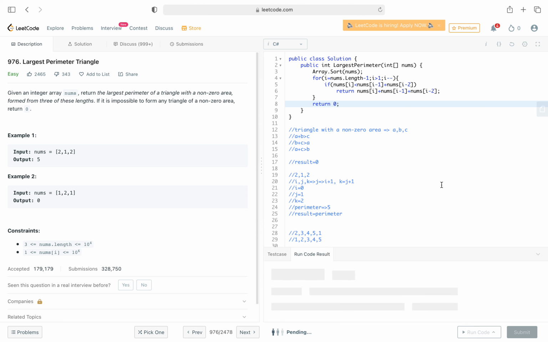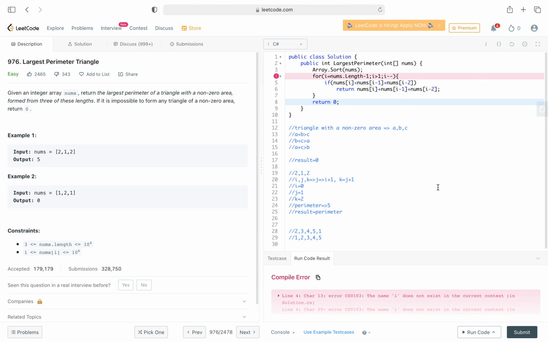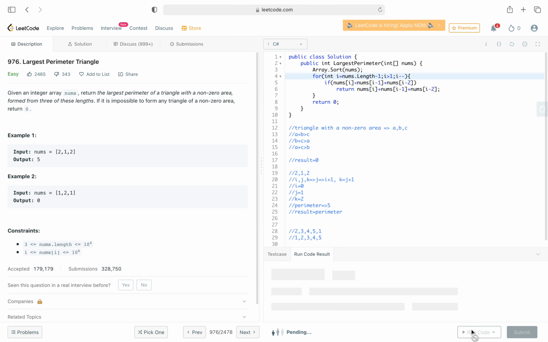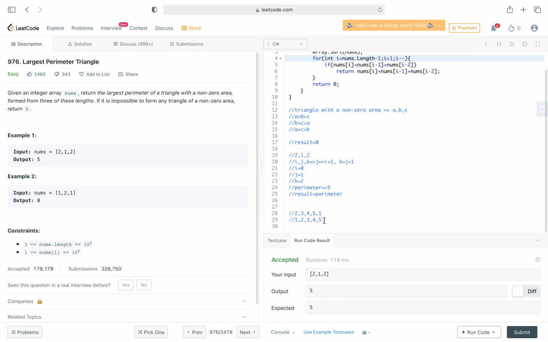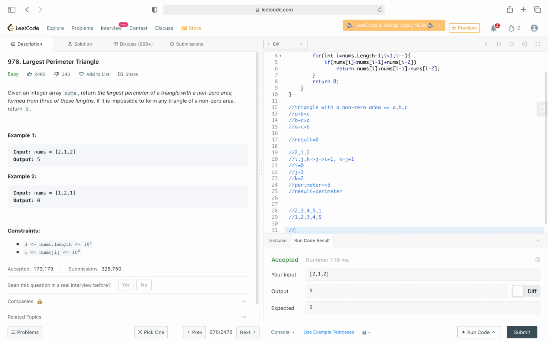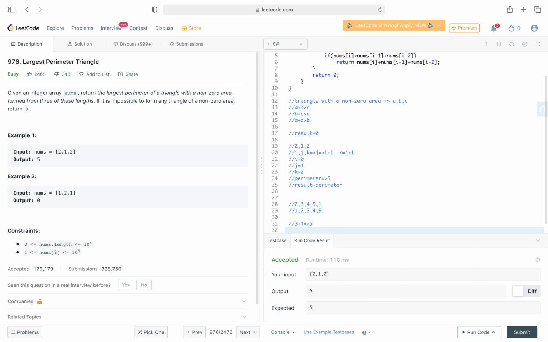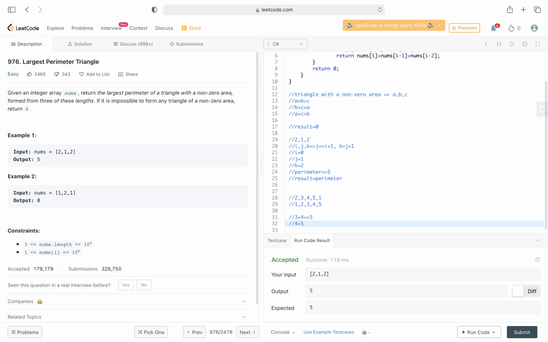Okay, I'm going to run this one to see what will happen. Oh, I'm sorry, I need to fix the length. We need to check 3 cases, right? But we already know that if 3 plus 4 is greater than 5, then 4 is greater than 3 and also 3 plus 5 will be greater than 4 too.